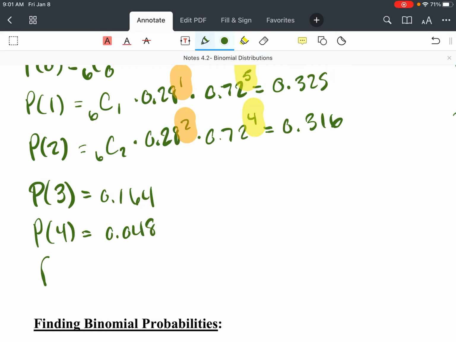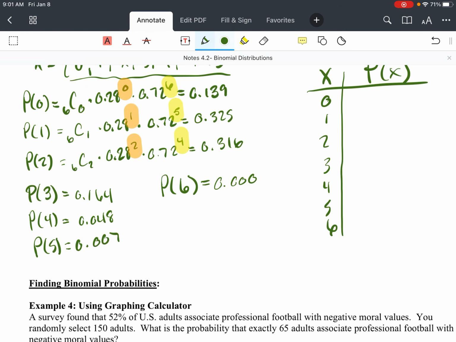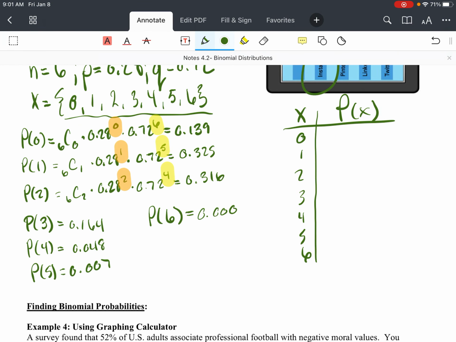Okay, so the next one would be 0.048. P(5) is 0.007, and the probability that all 6 people watch Instagram is next to nothing, so it's 0.0004 or something like that.